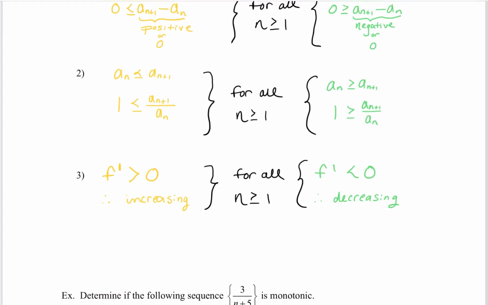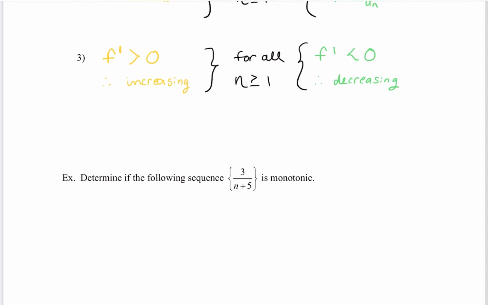So let's look at one example here. So we have 3 over n plus 5. So this is a sub n. So a sub n is equal to 3 over n plus 5. And then the next term, a sub n plus 1, that would be 3 over n plus 1 plus 5. So that's going to be n plus 6.